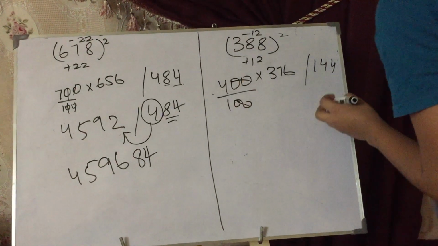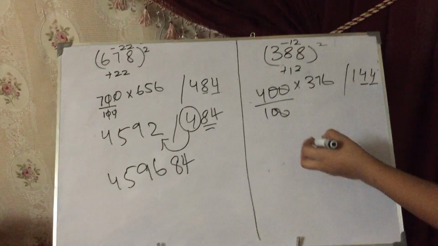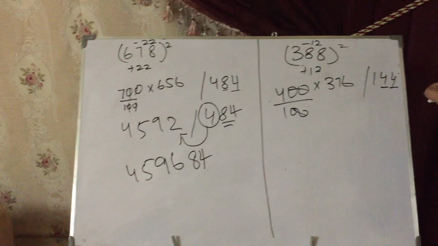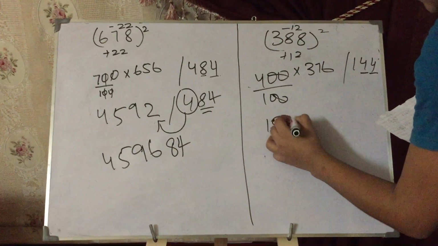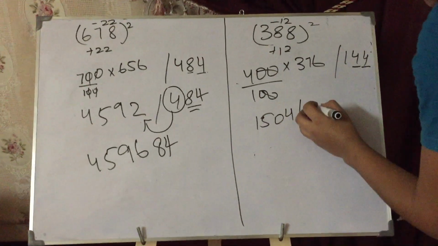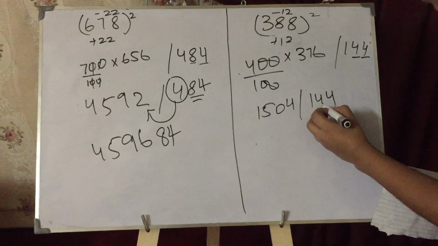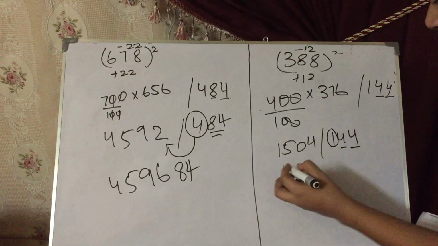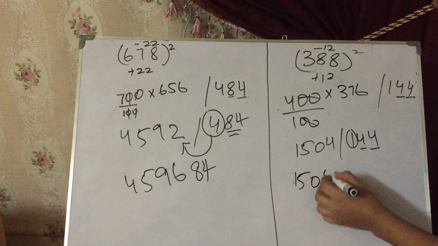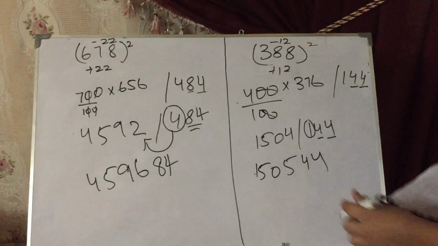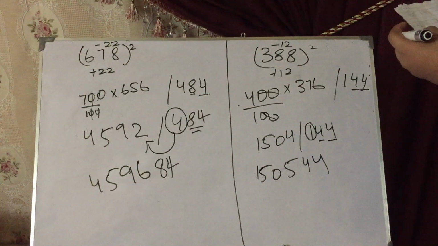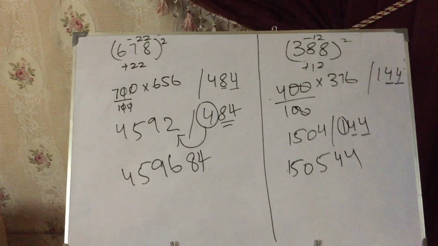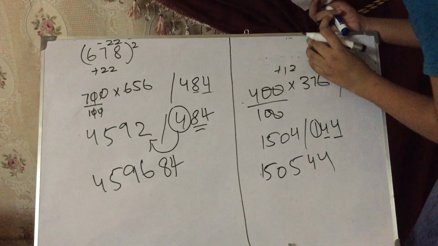These both numbers would come, and the double 4 will come on behalf of these two zeros. 376 would become 1504, and on behalf of 144, now these two digits, I told you, come on behalf of these two zeros. This number would be plus 1, so 1505, and these two digits would come as they are: 1505 44. Right, guys? I told you it is very easy.